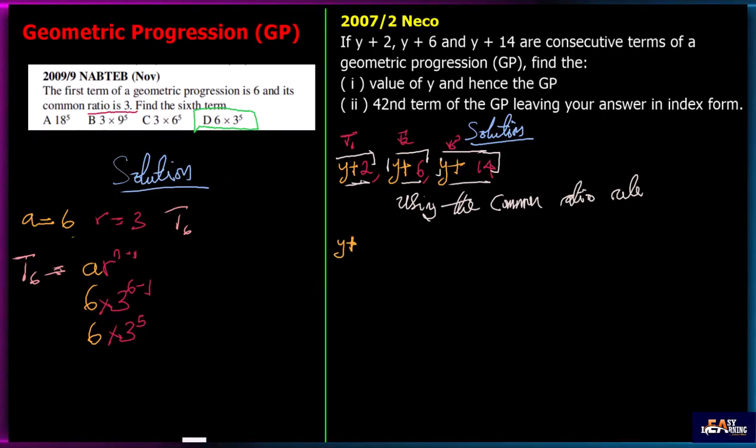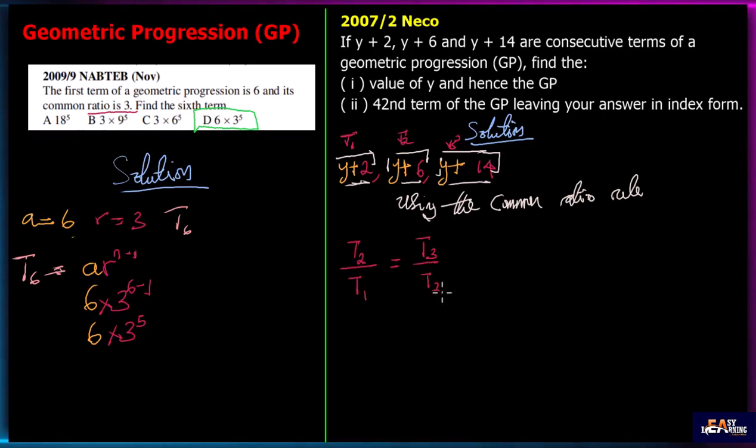All right, so with the common ratio rule, term 2 all over term 1 will be the same as term 3 all over term 2. This is what we mean by common ratio rule. If you divide this with term 1, it will be the same as if you divide this with term 2. Let's replace this.